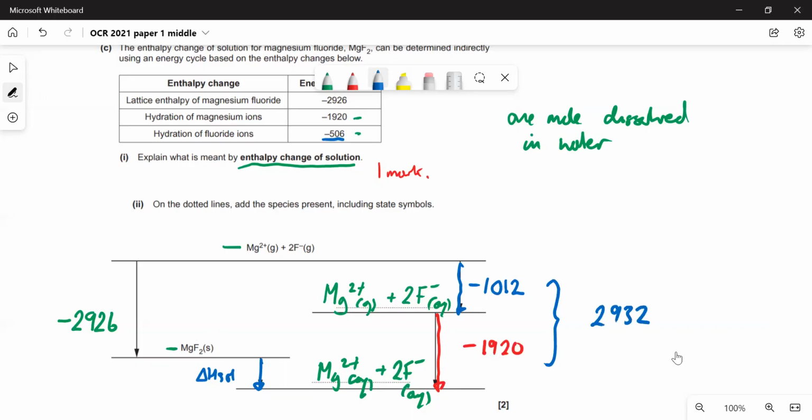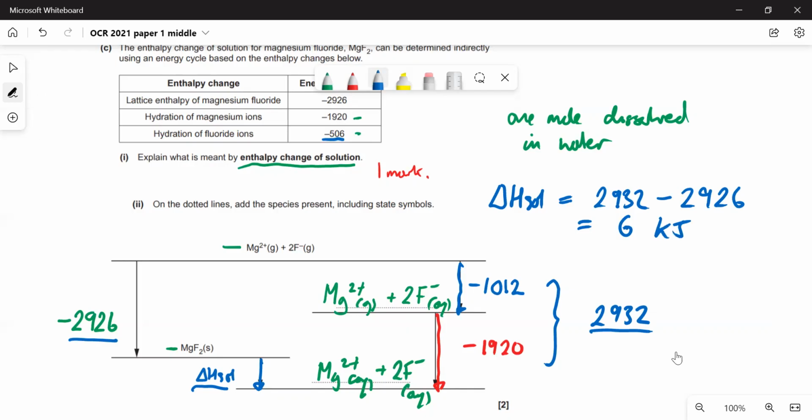Okay, so you can see that this blue delta H sol has got to be equal to this number minus this number. And that's equal to 6 kilojoules.